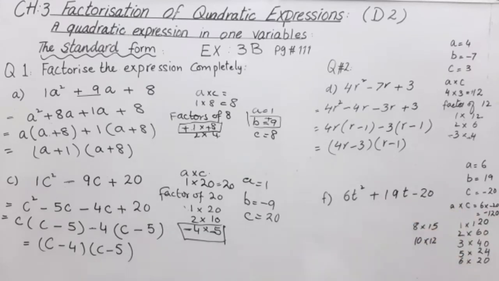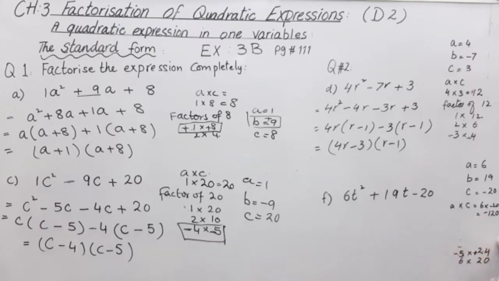But now 60 and 2, what do we get? No, no, no. But if I write 5 into 24, minus 5 plus 24, they will be subtracted and give us the answer. So we choose from all of them.